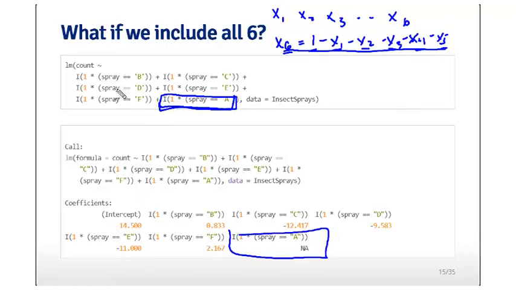Now R has to have a rule for picking which one of these is redundant, and it's doing the last one, because it doesn't know anything about the letters in the way that I've formulated the model here. It just has a bunch of 0, 1 variables. But when you include spray as a factor variable, it does this for you, and it doesn't even put the NA in the output.